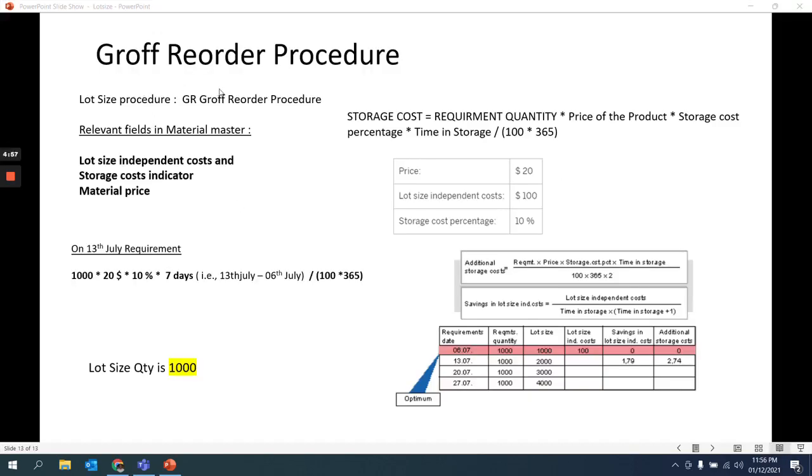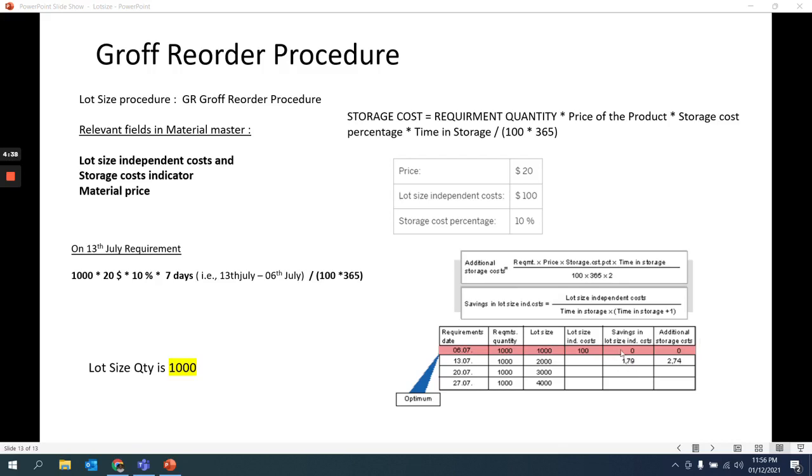Let's see the groff reorder procedure from the optimum lot size procedures, where system uses the same parameters from the material master. In this lot sizing procedure, system calculates the additional storage cost and savings, with the additional storage cost as per this formula.